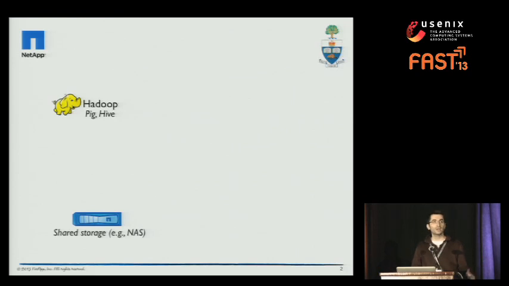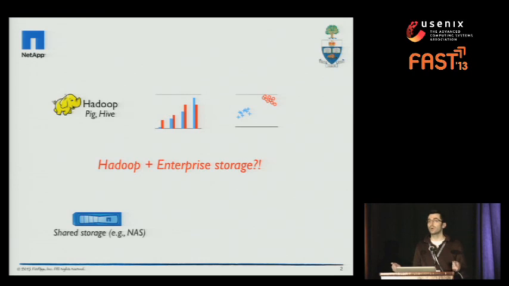Now it would be nice if we could use Hadoop to analyze data that's currently stored in enterprise storage systems and extract some value out of that data, right? So the question we're trying to ask is, how do we marry the two? How do we marry Hadoop and enterprise storage? How do we run Hadoop-style analytics for data that's stored in enterprise storage systems?